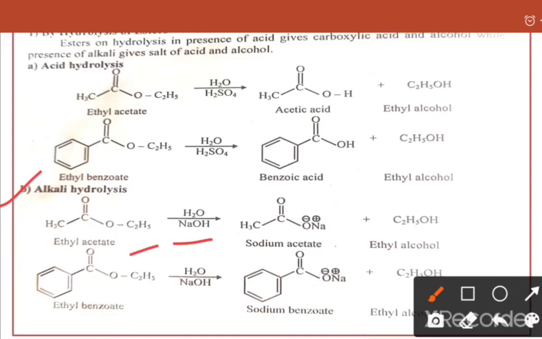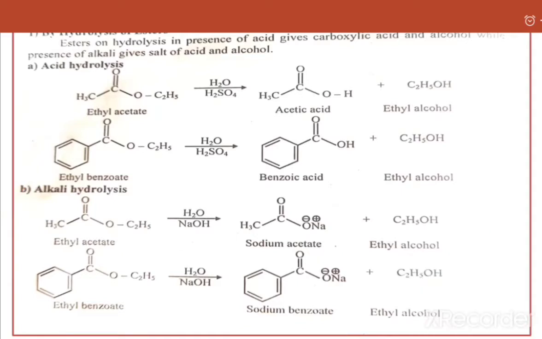That means there is formation of salt plus ethyl alcohol as a byproduct. Again, in the second case, this is the structure of ethyl benzoate. The ethyl benzoate on treatment with H2O in presence of NaOH gives sodium benzoate. That means PhC(=O)O minus Na plus, plus C2H5OH. That means sodium benzoate plus ethyl alcohol.